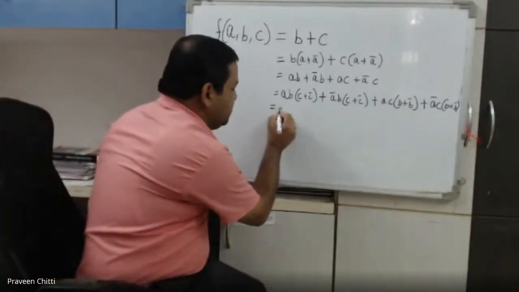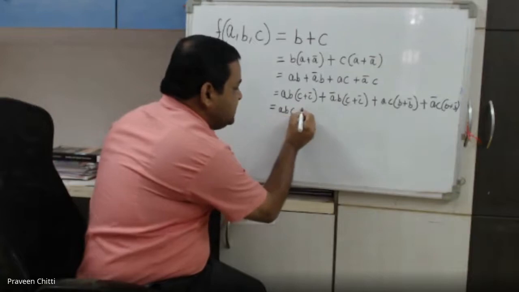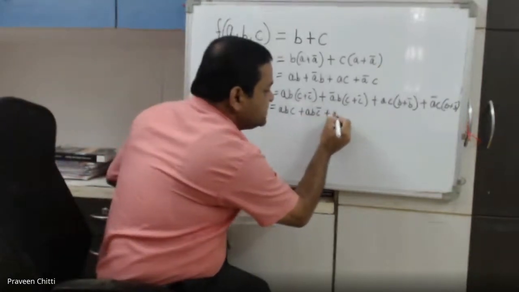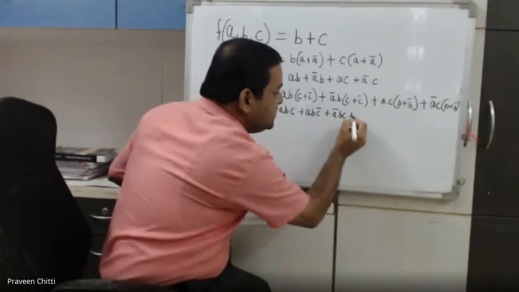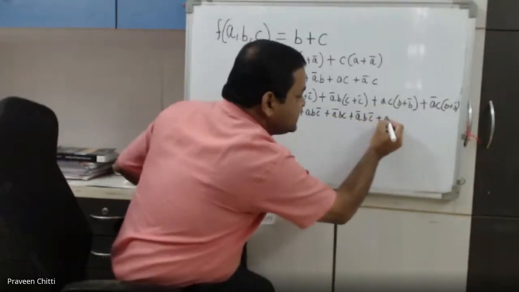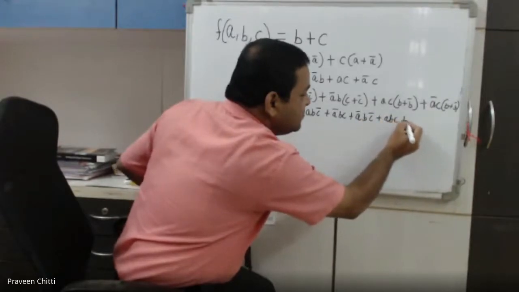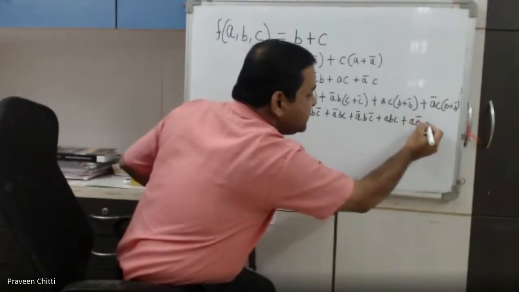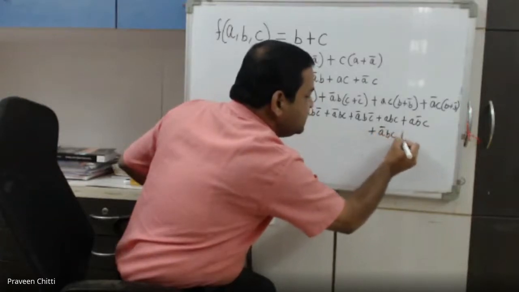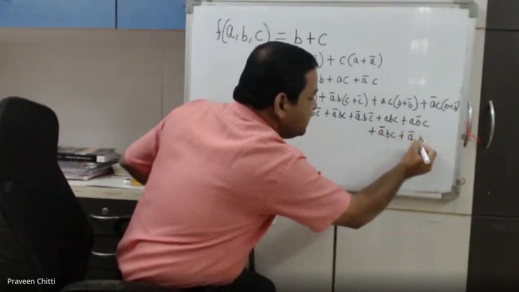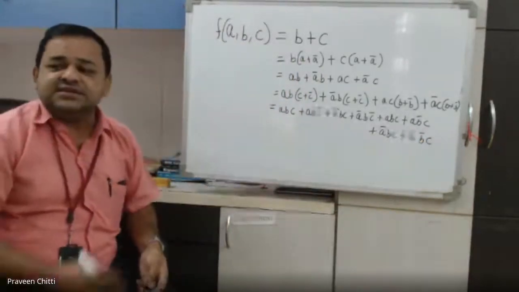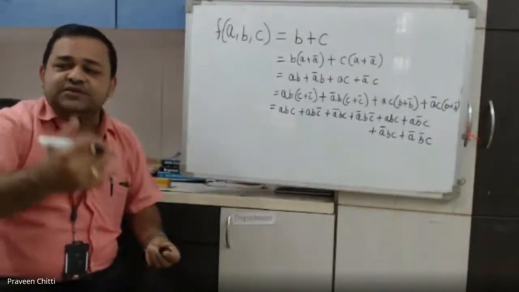This is equal to ABC plus ABC bar plus A bar BC plus A bar BC bar plus ABC plus AB bar C plus A bar BC plus A bar B bar C. One thing you should remember: when writing these terms, write in the sequence A, B, C only.